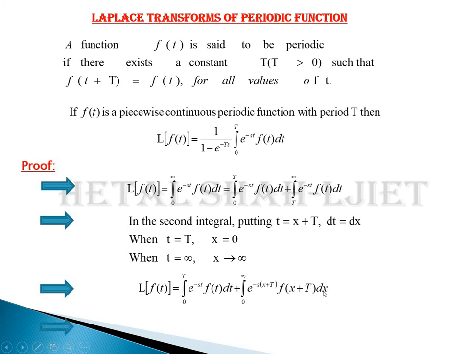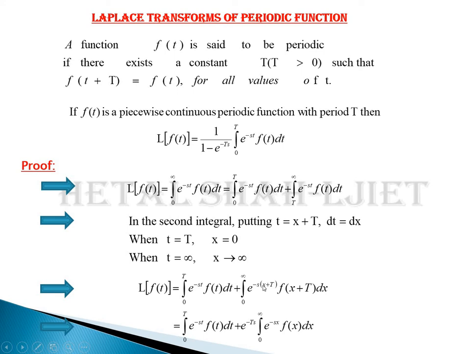As you know, this function is a periodic function, so f of x plus T is f. See here, f of t plus capital T is small f of t. Similarly, f of x plus T is small f of x.